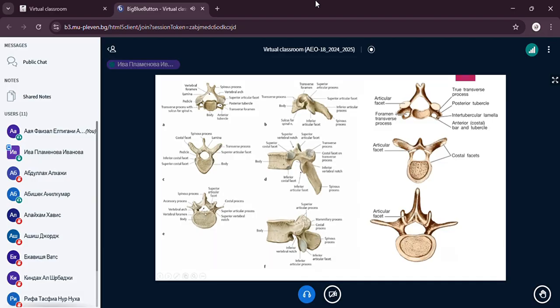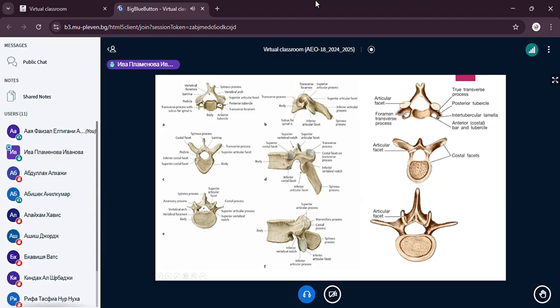Lumbar: body, spinous process, vertebral foramen, transverse processes with three tubercles. We have costal, accessory here, and mammillary, where we can see them.